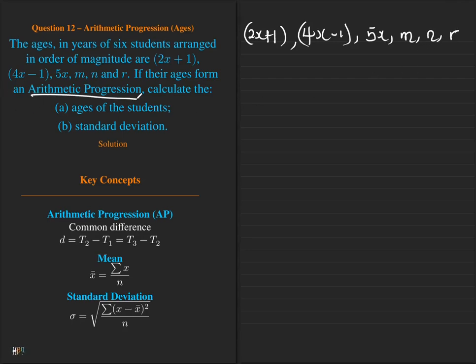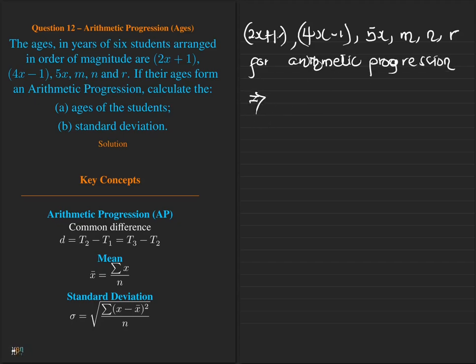Now, since we are taking their word, which says it is an arithmetic progression, let's use the standard notation: u1, u2, u3. For arithmetic progression, it simply means the difference between u2 minus u1 should be the same as the difference between u3 minus u2.